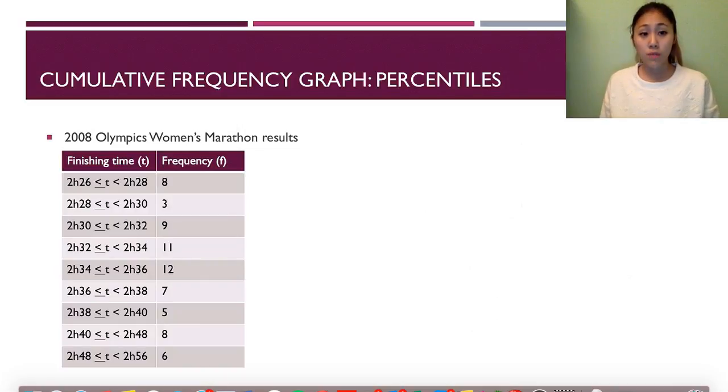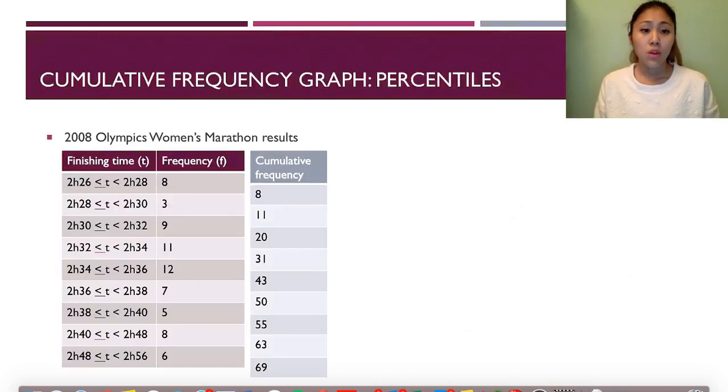Because it's cumulative frequency, we need to find the cumulative of each of the frequency values. So we're going to start with the cumulative results. The first row is 8. Because it's cumulative, the second row, you would have to add the first row.